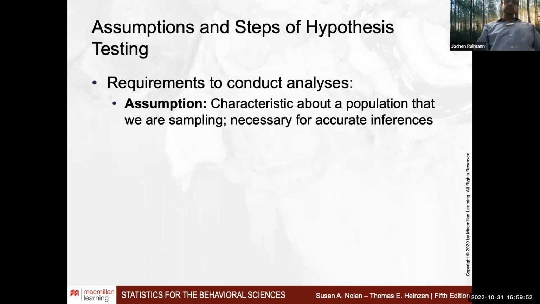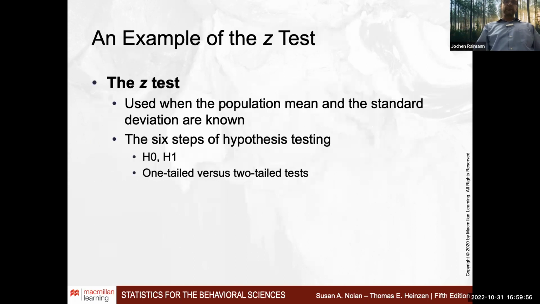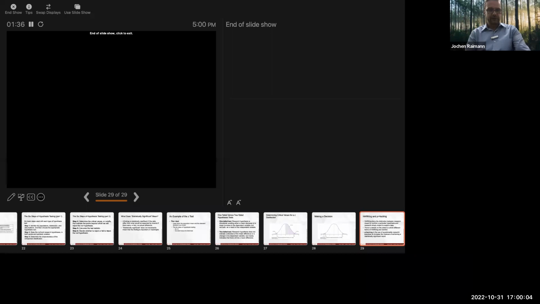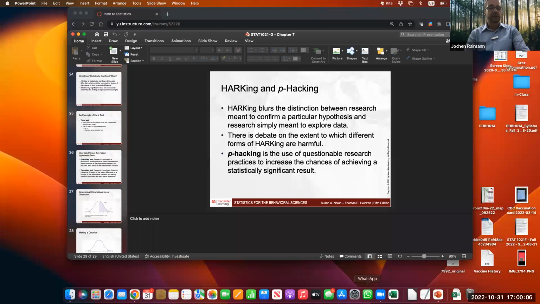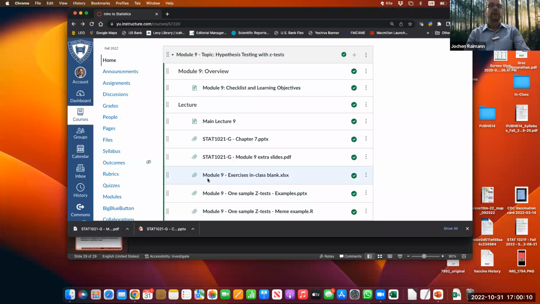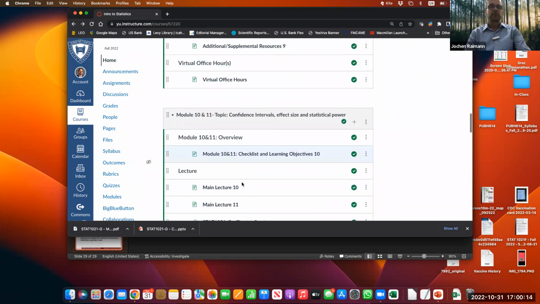So you do that by calculating a difference between the sample mean and the population mean.